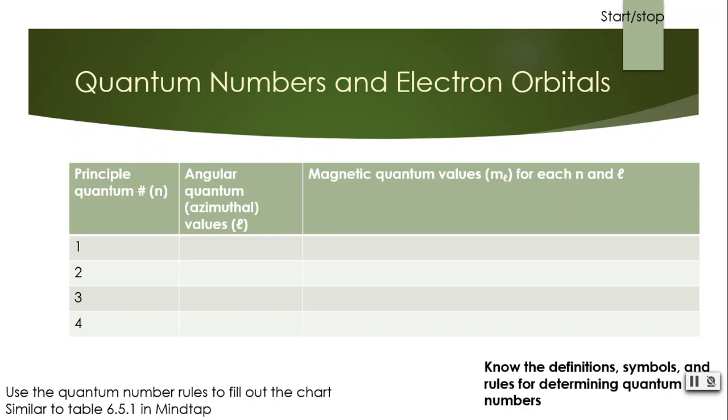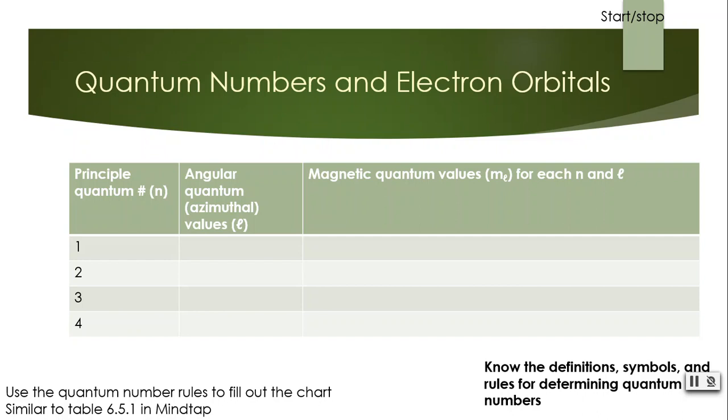So let's go ahead and use our knowledge from the previous video with regards to quantum numbers, those solutions from the wave function. Let's use those rules to determine quantum numbers for particular orbitals, specifically for particular values of n, which is the principal quantum number.